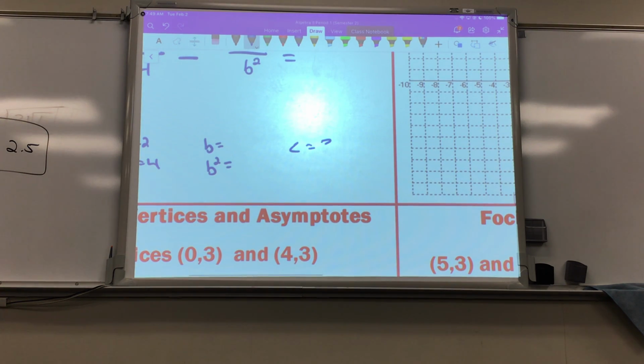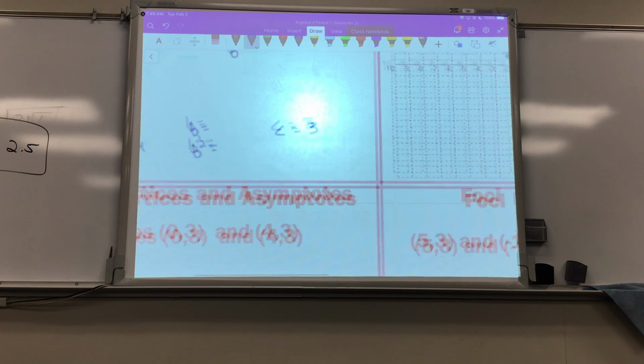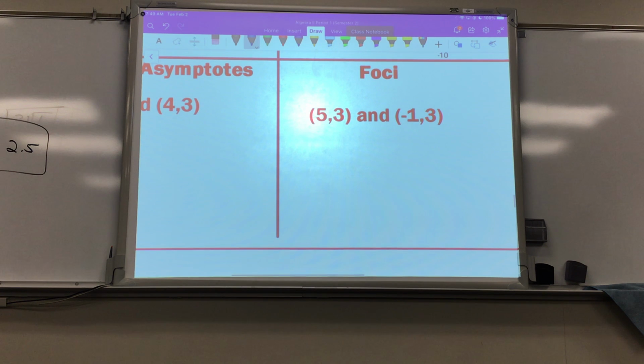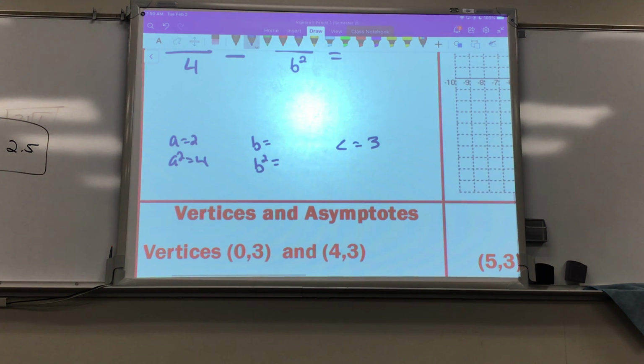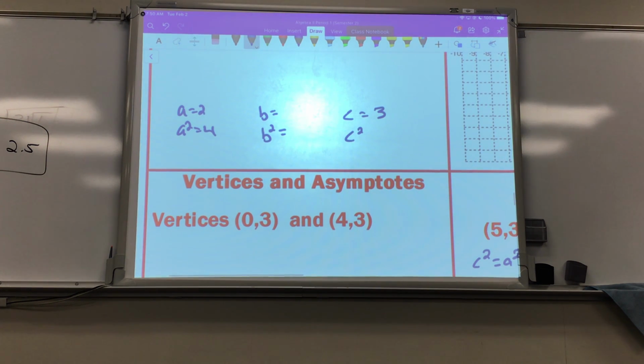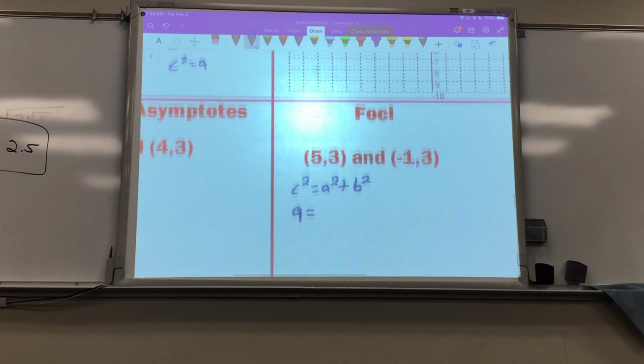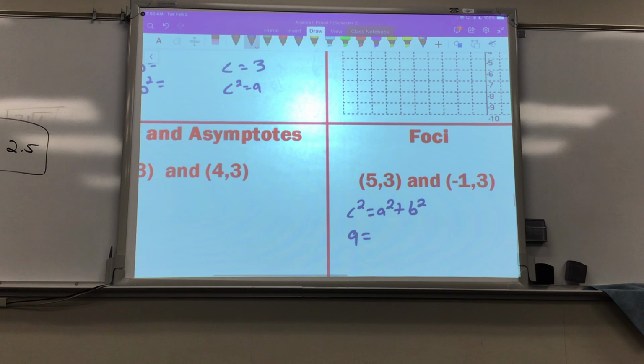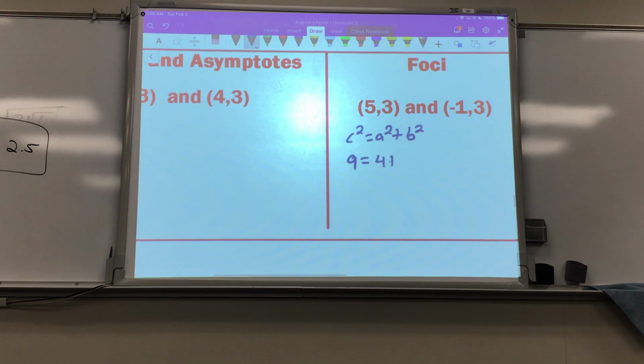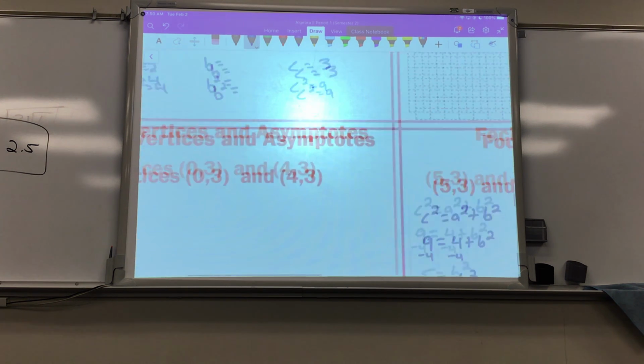Now, c is going to help us find b, right? This is where we use c squared is equal to a squared plus b squared. So c squared would be 9, correct? It's equal to a squared, which was 4, plus that b squared. Subtracting that 4 over, 5 is equal to b squared.